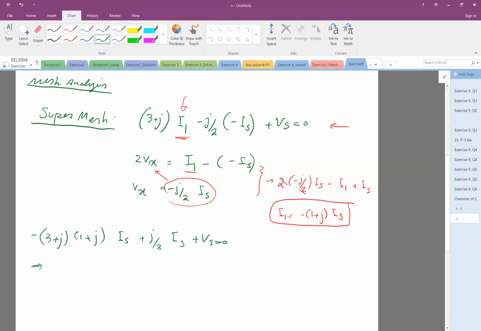I have to find a ratio of Vs over Is, right? So let's put this the other side, or another way, Vs is equal to 1 plus J, 3 plus J Is minus J over 2 Is, which is exactly a similar equation as we had with the other analysis.